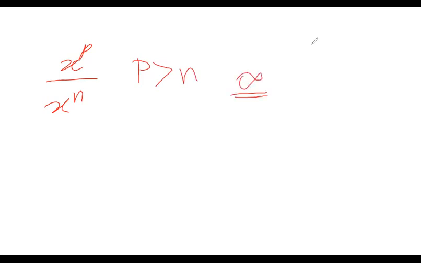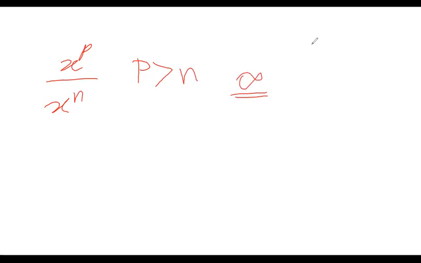Now, let's evaluate the limit where x approaches infinity for a given function. As we mentioned before, let's say we have x to the power p over x to the power n. If the degree of the numerator p is more than the degree of the denominator n, then the answer is infinity.